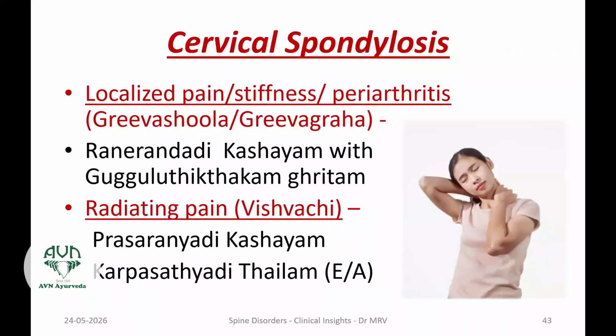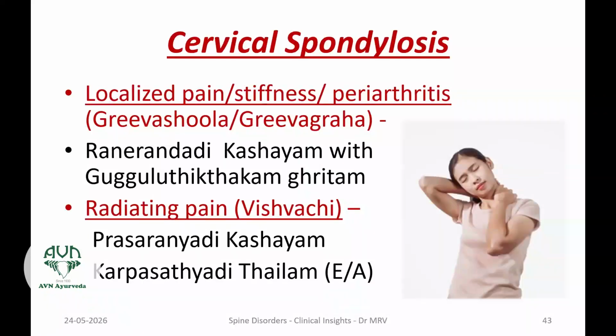Then localized pain, stiffness, at that time, with Kashaya combined with the Guruguru tha and Kara, because when in the yoga of Rasnadi, Taila needs to come. Taila should be added with the Kashaya. And this is a very good combination.